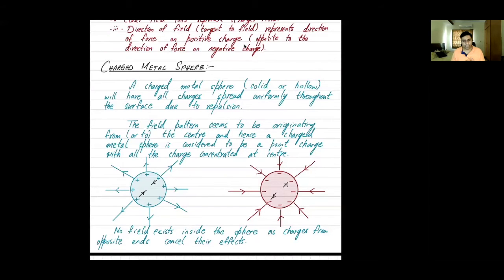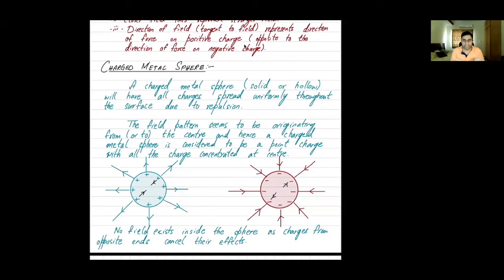The other thing you need to identify is that you would treat a charged sphere as a point charge. That is, you would treat it as if all of the charge is concentrated right at the center.